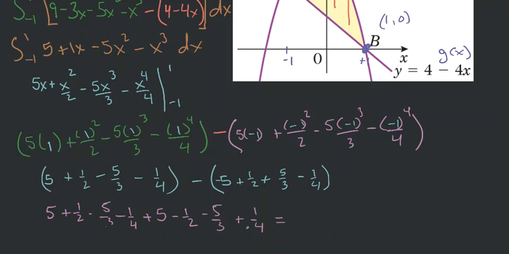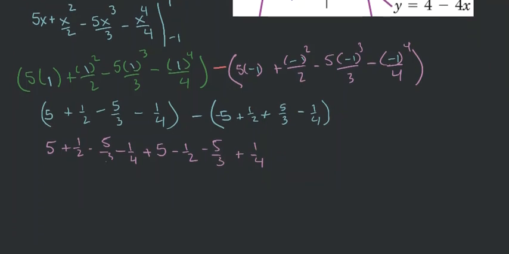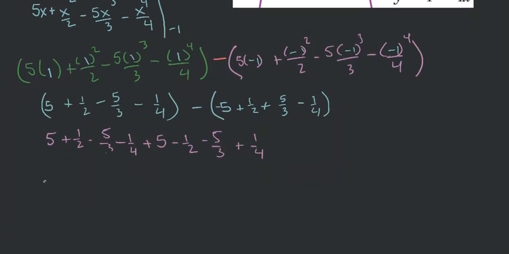So looking at what we have from there, 5 plus 5 is going to be 10. Plus 1/2 and minus 1/2 are going to go. And I notice that we have minus 1/4 and plus 1/4. Those are going to go. So that means we have minus 5 over 3 and minus 5 over 3, which is minus 10 over 3.